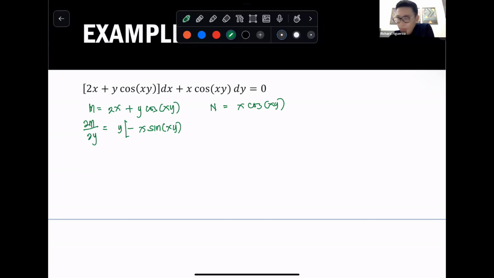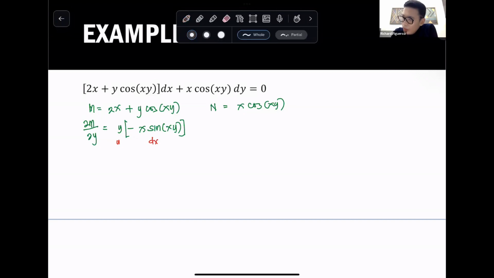Did you get that one? So diderive ko muna yung cosine xy. So ang derivative niya, it's negative sine xy. But then may derivative ang xy. So ang derivative ng xy, it's x. Okay? Kasi derivative ng y, it's 1. So 1 times x, it's x. So kumbaga, ito yung pinaka-u natin, ito yung dv.